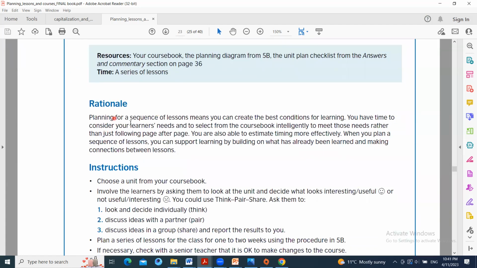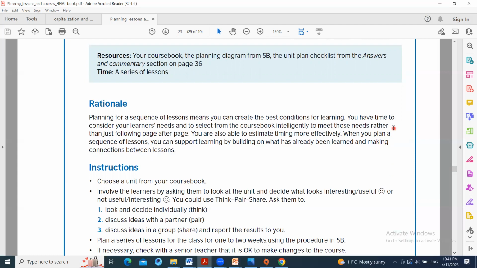Rationale. Planning a sequence of lessons means you can create the best conditions for learning. You have time to consider your learners' needs, and to select from the course book intelligently to meet those needs rather than just following page after page.